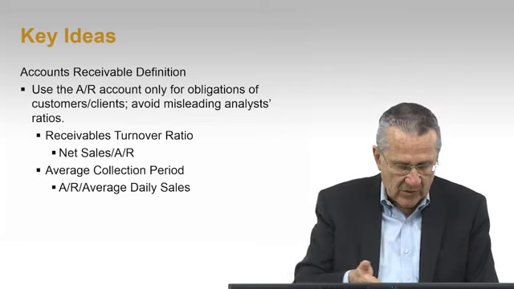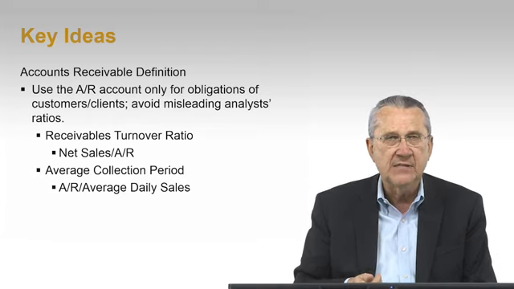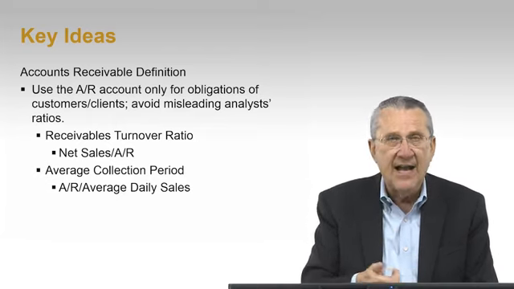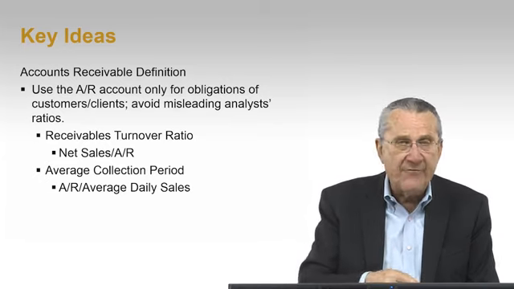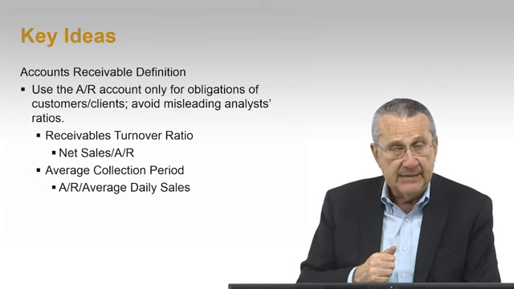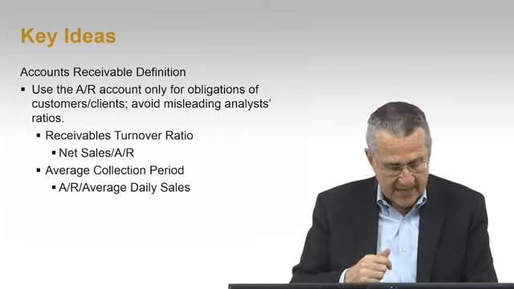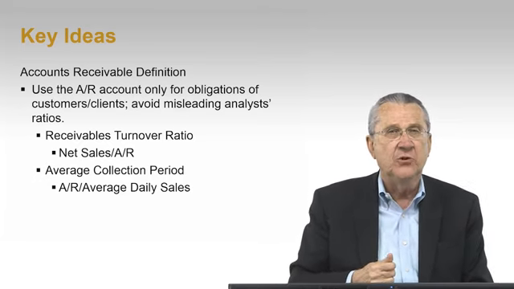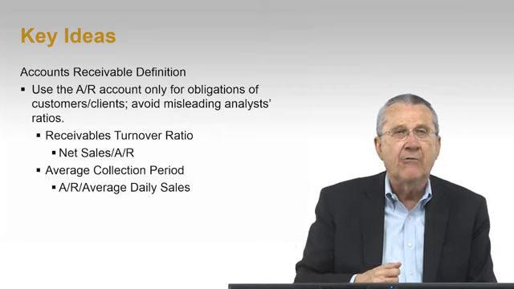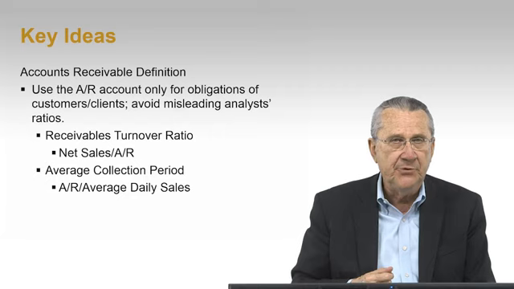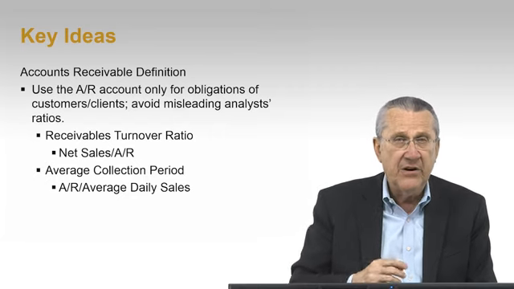A receivables turnover ratio, for example, net sales divided by the accounts receivable balance, or an average collection period statistic can be calculated, which is accounts receivable divided by average daily sales. The latter ratio is simple to calculate and very, very useful.